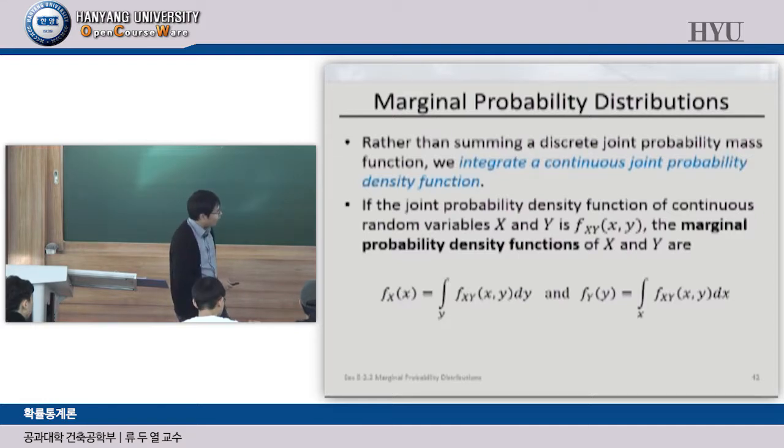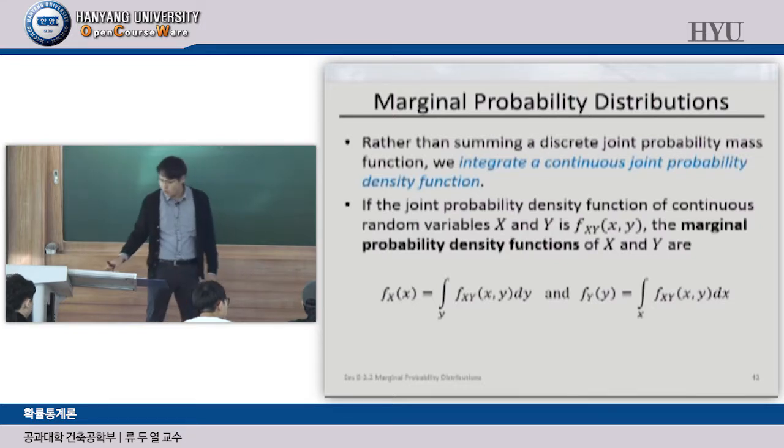In the case of the marginal probability density function of x, it should be the integral of the joint probability density function over y, okay? Also, the marginal probability density function of y should be equal to the integration of the joint probability density function over x, okay? So this is the relationship of the marginal probability density function with the joint probability density function.